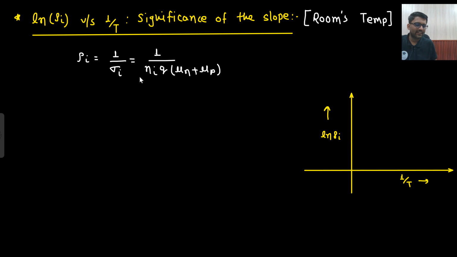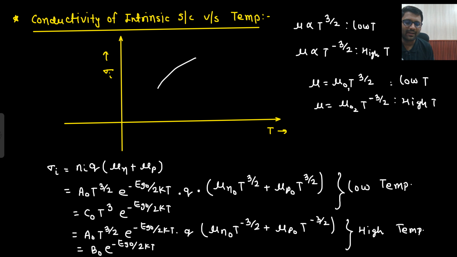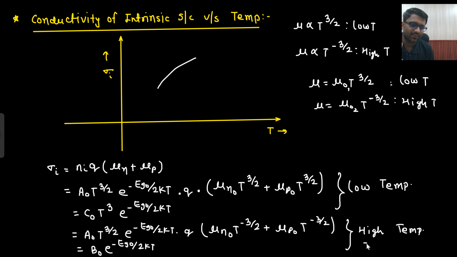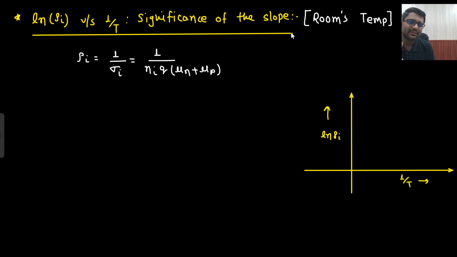So first I will solve with respect to sigma I, because for sigma I I have already written down the expression, and we need to go for room temperature. High temperature means room temperature here. So this expression we derived is for room temperature only. At room temperature, sigma I is ni q (mu n plus mu p). Now what is the expression of ni?